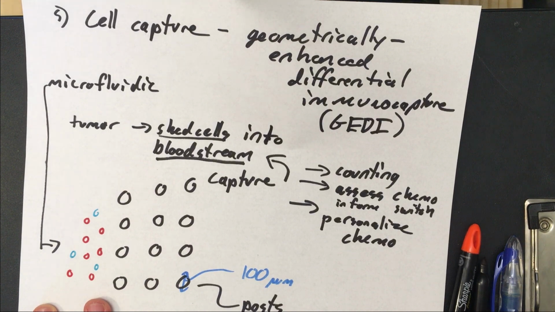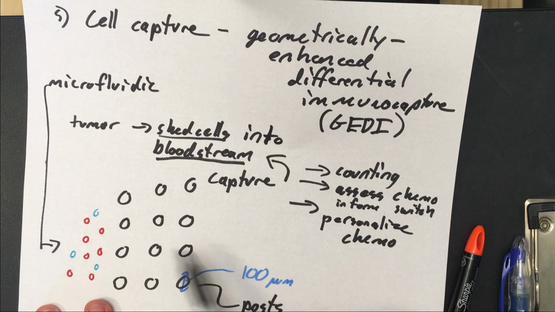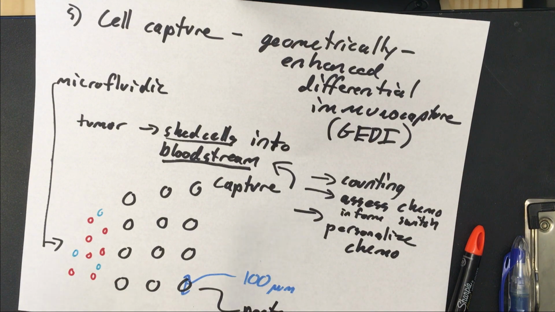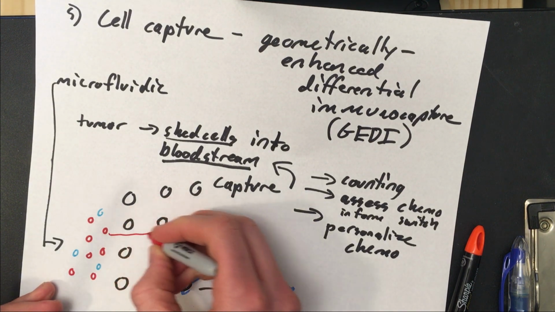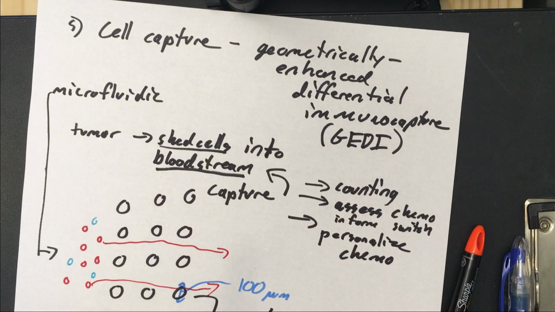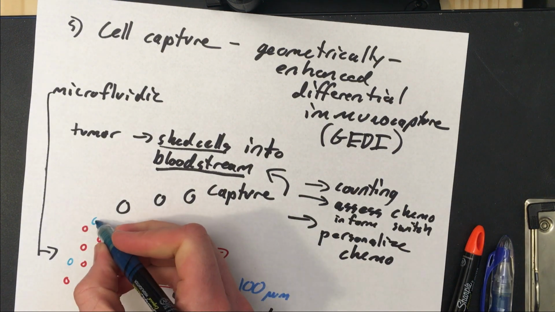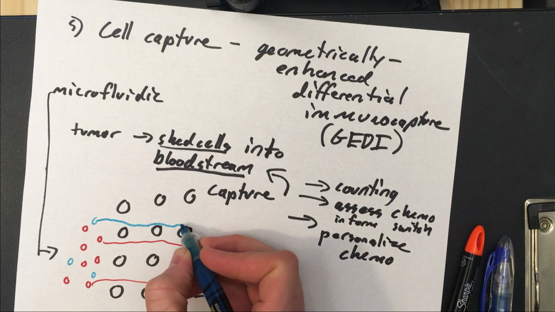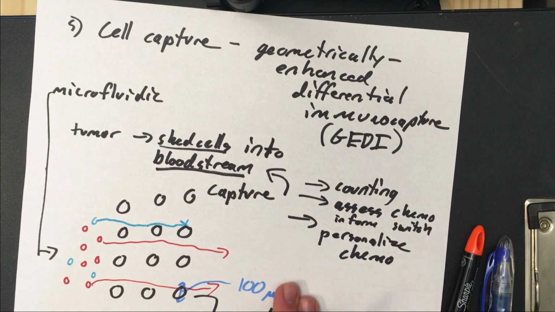So we have these posts. We flow the blood through the device, and we want most of the blood cells to flow right through the device, uncaptured. But we want our cancer cells, when they flow through the device, to encounter the posts and get stuck.